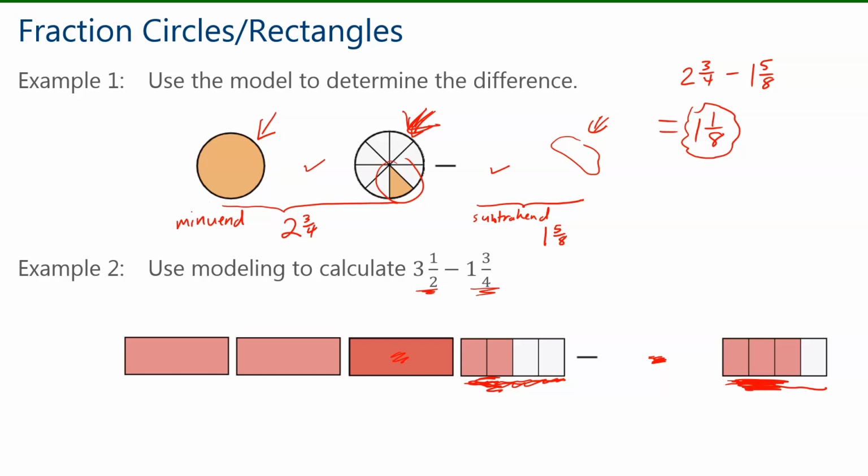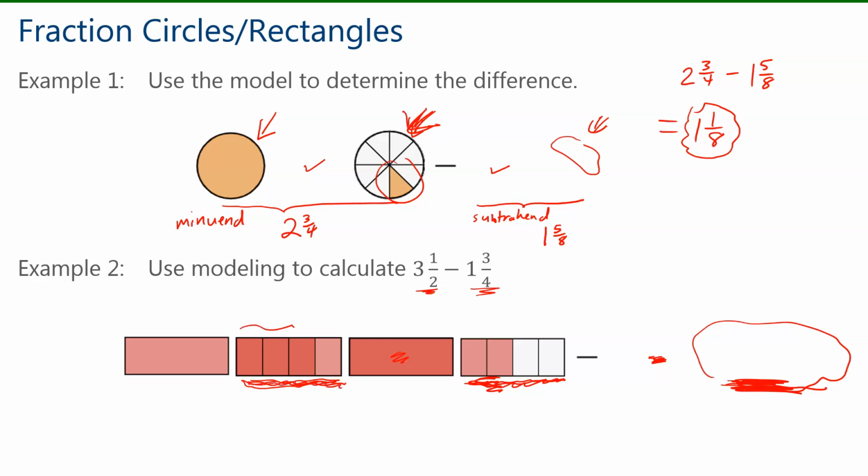Well, what we're going to do is take another whole, divide it into 4 equal sections, and then I can overlap this partially shaded whole from my subtrahend with a whole that's been divided into 4 equal sections in my minuend. So now we have an overlap region here and here.